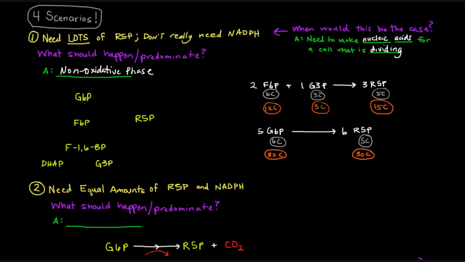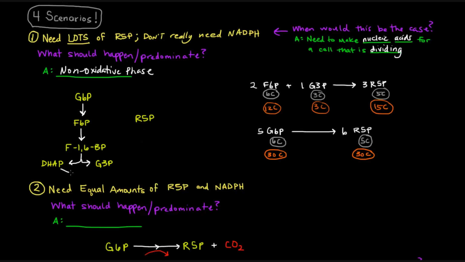So we'd start off with G6P, and it would go to fructose 6-phosphate, and we'd create some fructose 6-phosphate. Now, fructose 6-phosphate can go on to fructose 1,6-bisphosphate in glycolysis, and this fructose 1,6-bisphosphate will be split, cut into dihydroxyacetone phosphate and glyceraldehyde 3-phosphate.